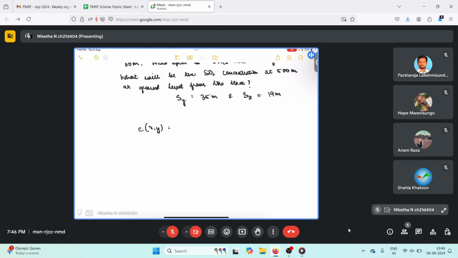Can someone tell me the Gaussian dispersion formula? This is E by pi into SY SZ into U.